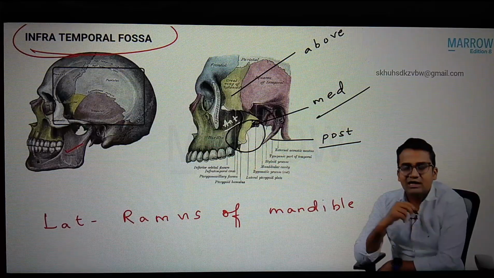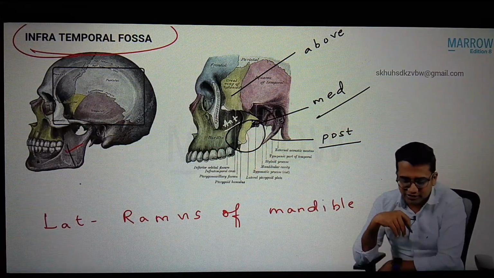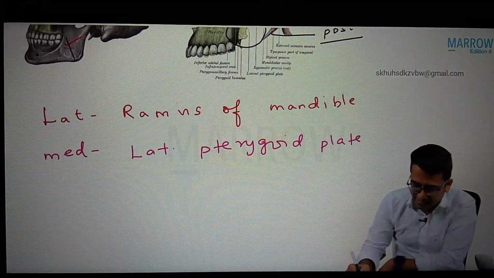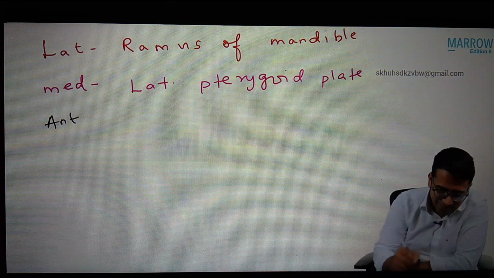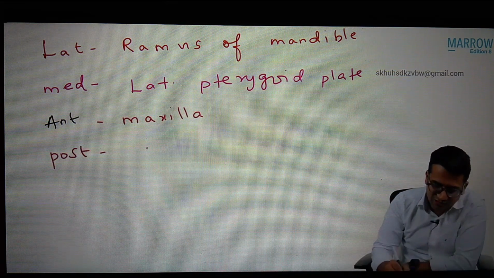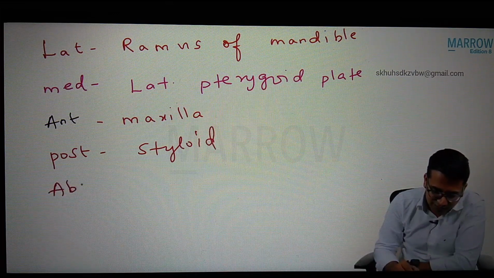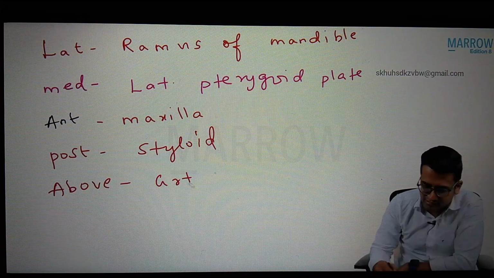So these are our infratemporal fossa boundaries. Laterally is the ramus of mandible, which we remove. Medially, the lateral pterygoid plate. Anteriorly, the maxilla bone. Posteriorly, we have the styloid process. Superiorly, we have the greater wing of sphenoid.